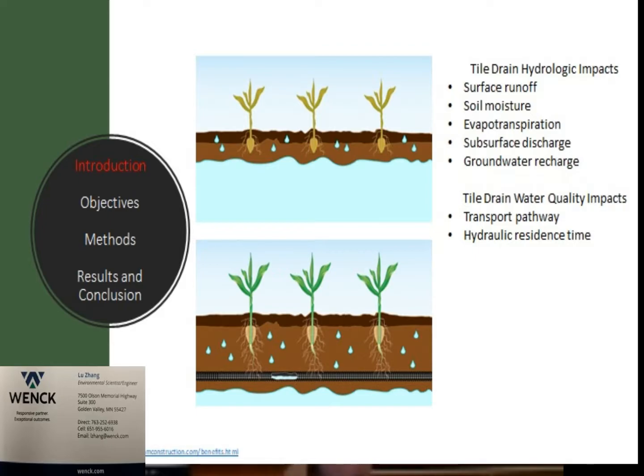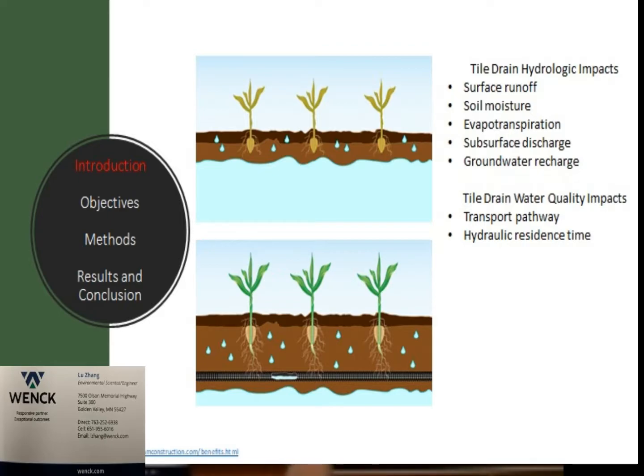Just looking at the picture, this is a theoretical impact. And the crop will get healthier due to the increased ventilation.